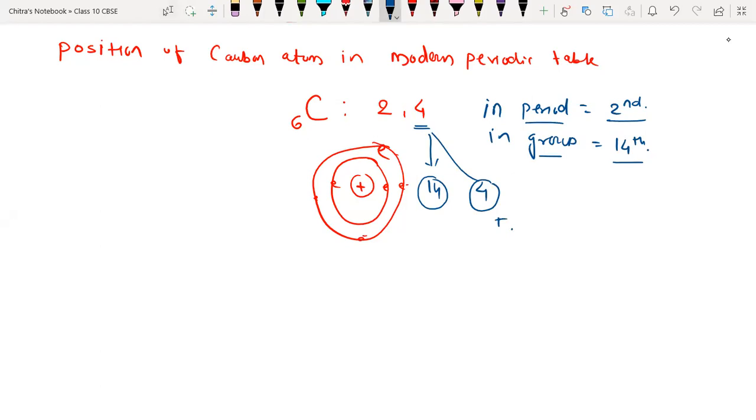Now I'm going to write a few important points. Carbon is a versatile element.